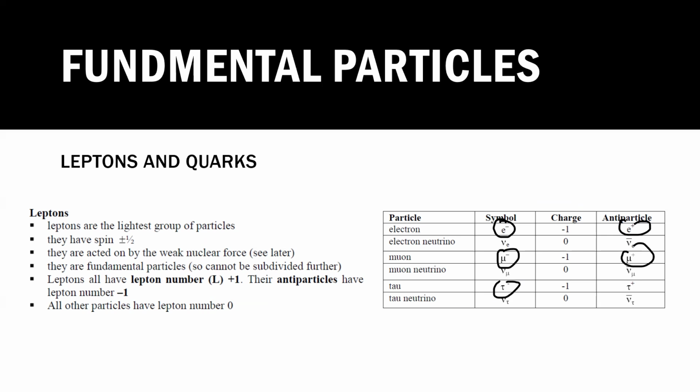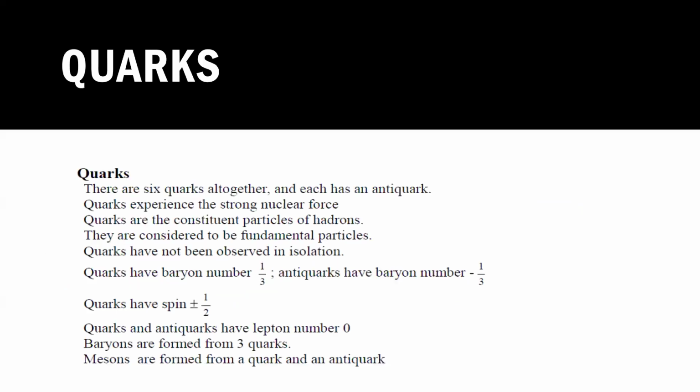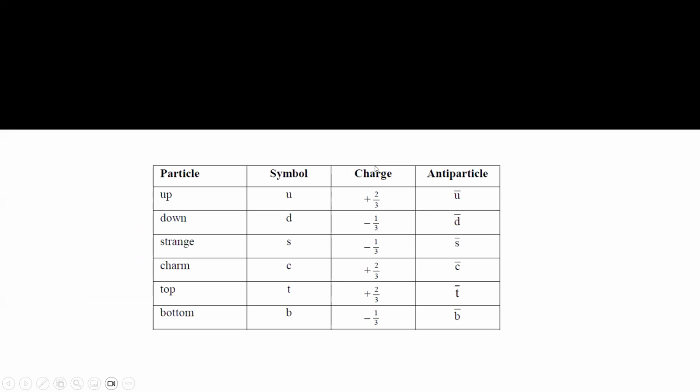So this is about the quarks. As you can see here, if we have up, it will be plus 2 by 3, down, it will be minus 1 by 3, strange, negative, charm, positive, top, and then we have a bottom. These are the charges on them.